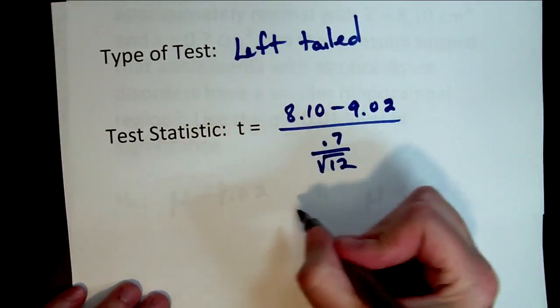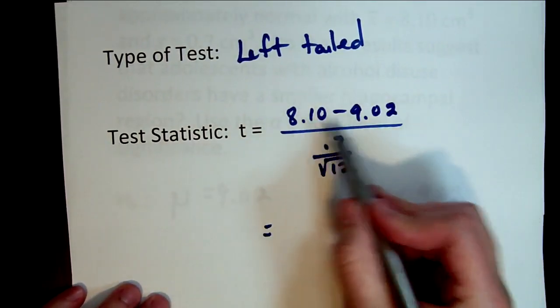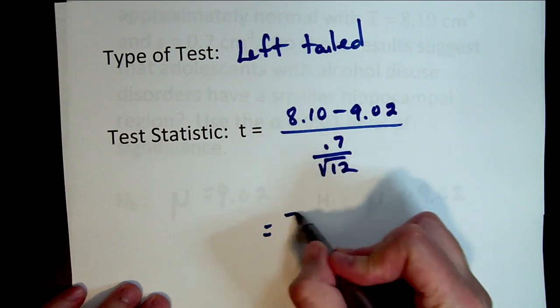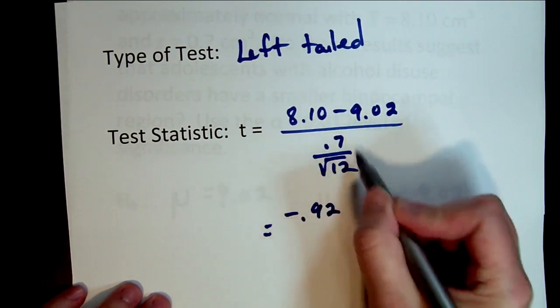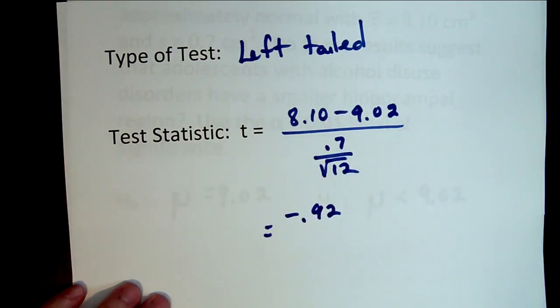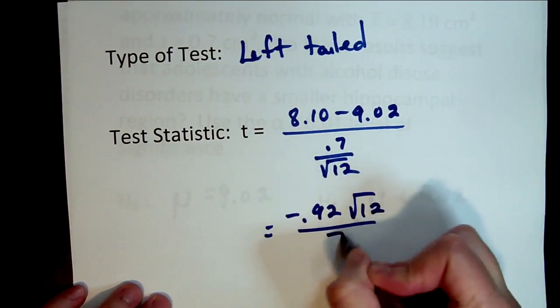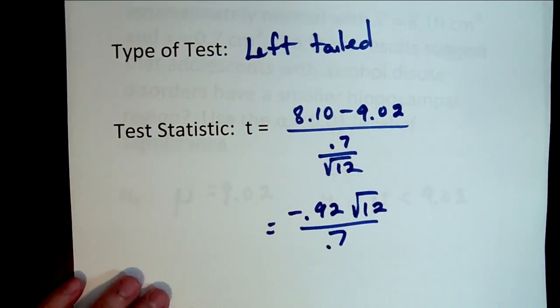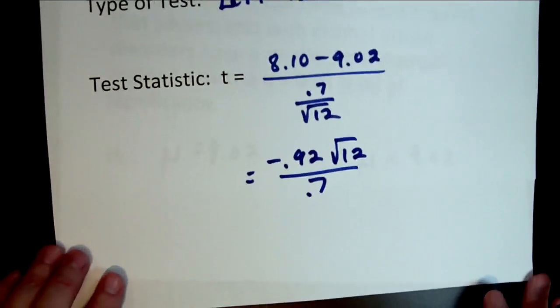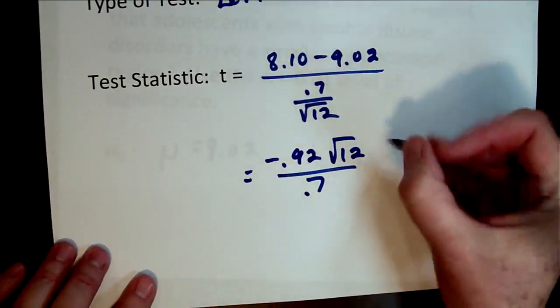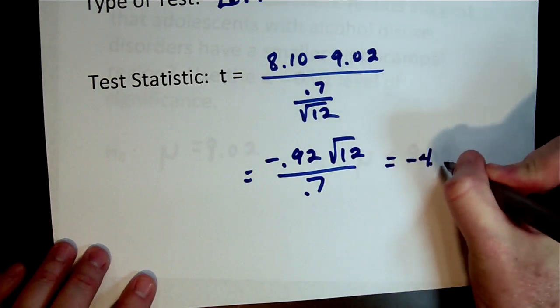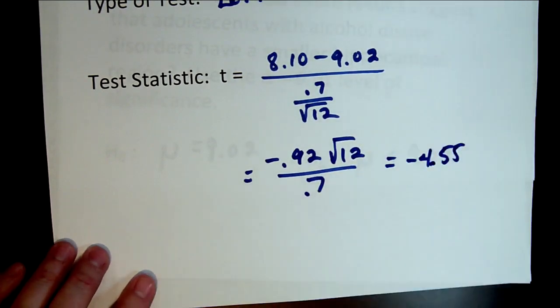Okay, and the way I computed that, I did the subtraction and got negative 0.92, and then instead of getting a fractional denominator and dividing by it, I went ahead and changed that into a multiplication. You can punch the buttons however you want, but that's what I did, and I got negative 4.55 for my t value.